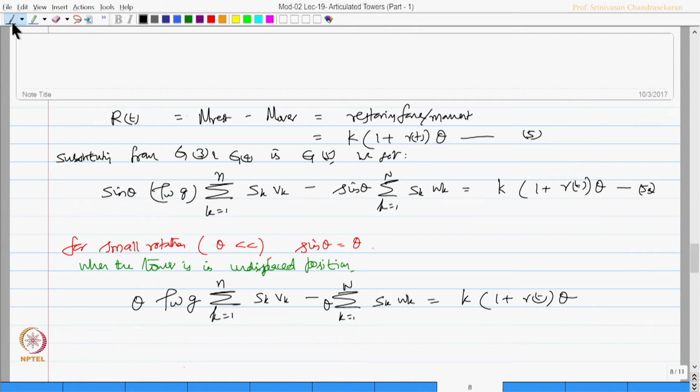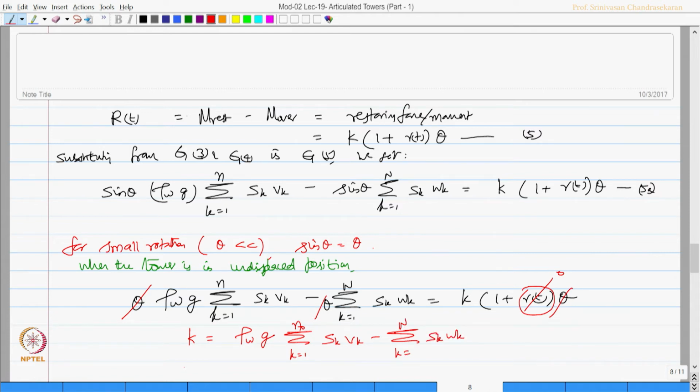So, for small values of theta I write the equation. Now, theta gets cancelled, and in undisplaced position you will see that this value will also be set to 0. So, now k will be equal to rho w g summation of k equals 1 to n 0 Sk Vk minus summation k equals 1 to n Sk Wk.